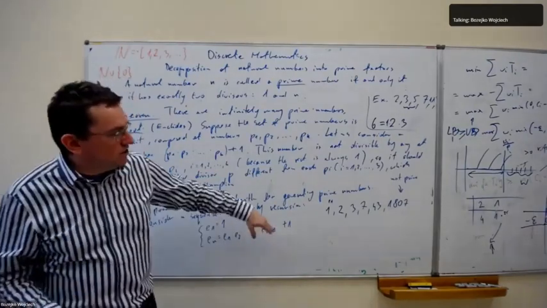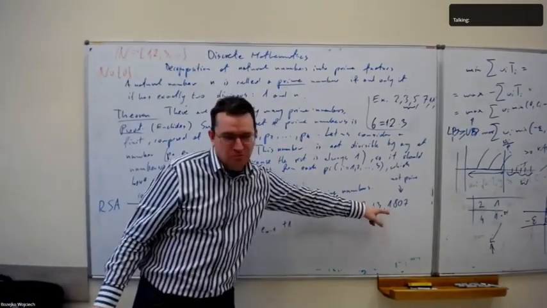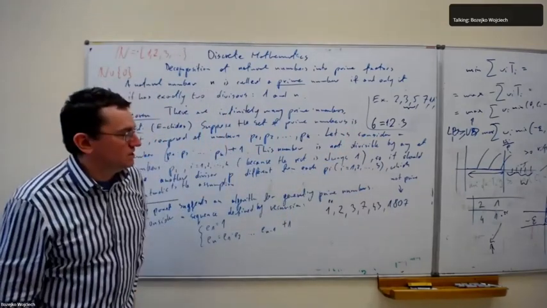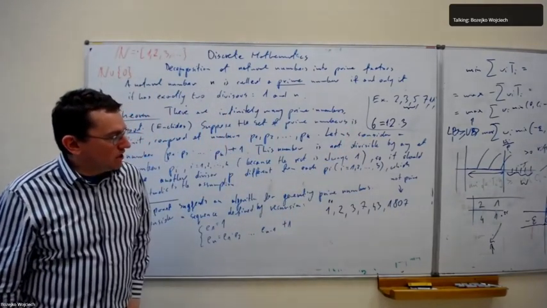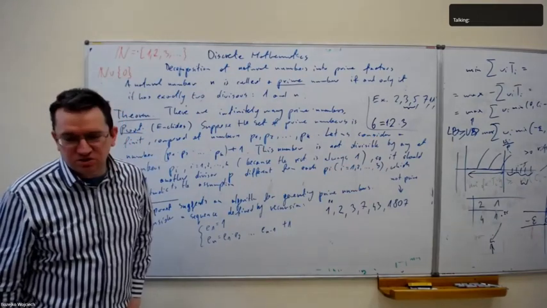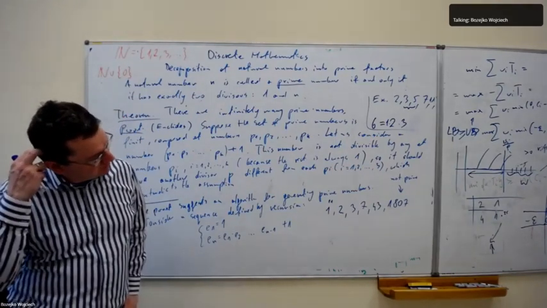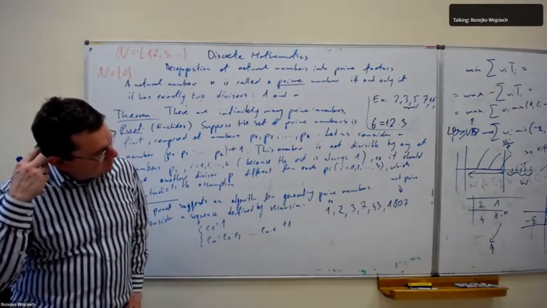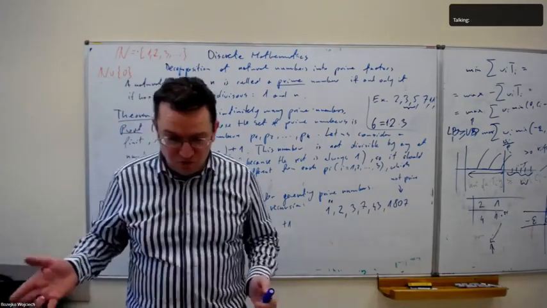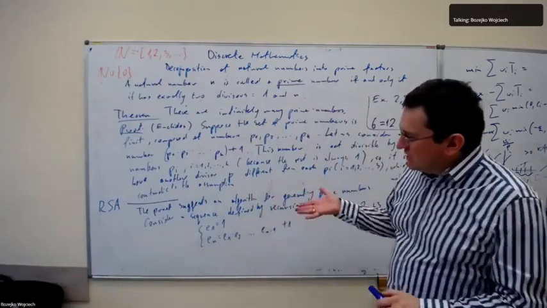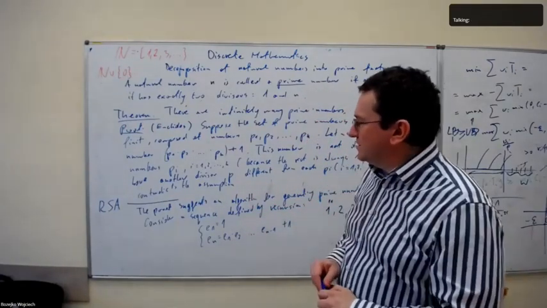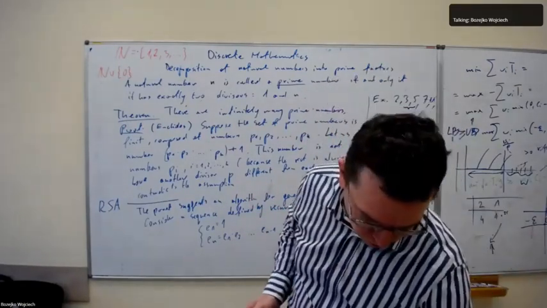It gives prime numbers, but only up to 43. The next one is not prime. You can check the divisor of 1807. But this is not prime. So such a suggestion seems good, but unfortunately it does not work.